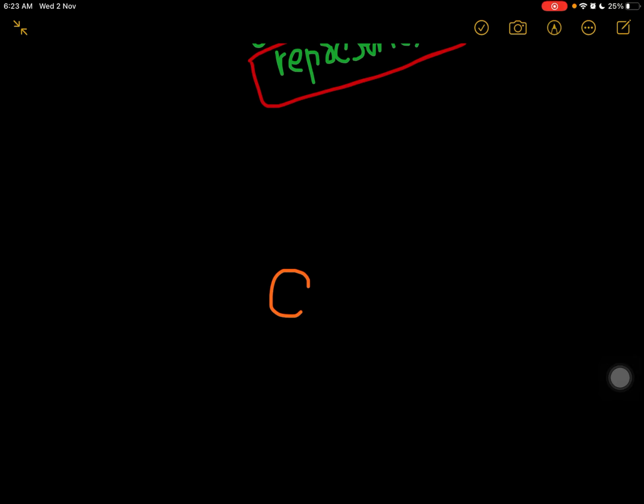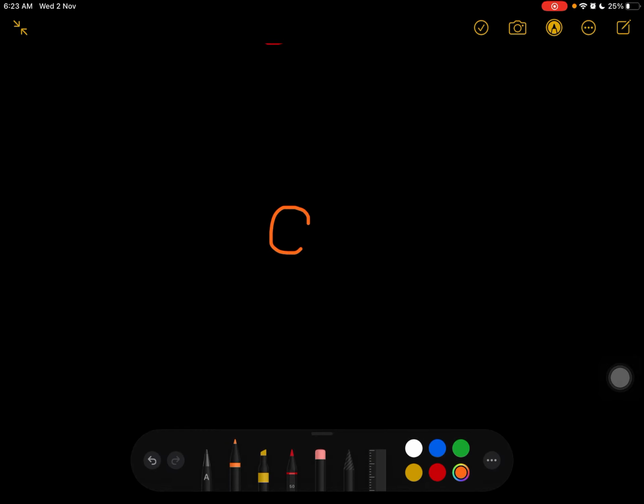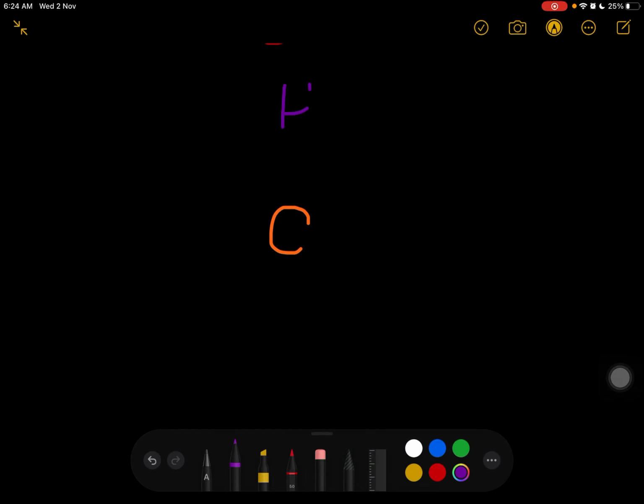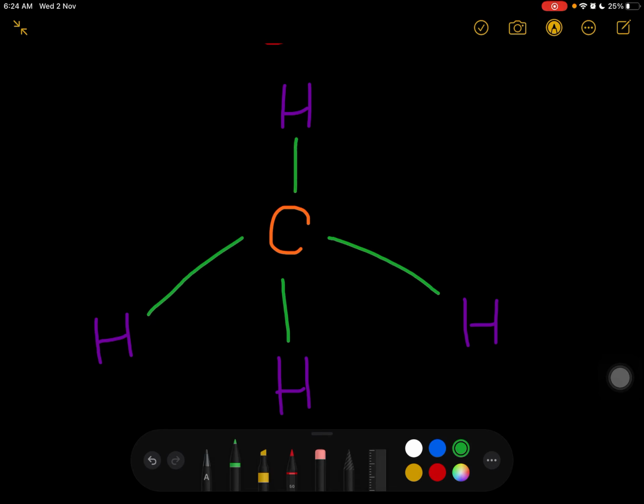So now let us discuss the basic structure of methane. Here I have carbon, and one hydrogen over here, one over here, one over here, and one over here, and now it will form bonds like this. Hope the line is clear.